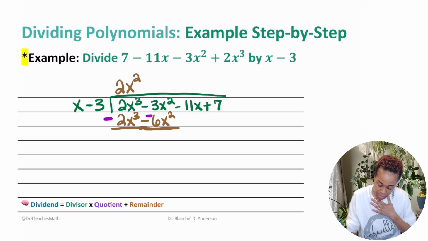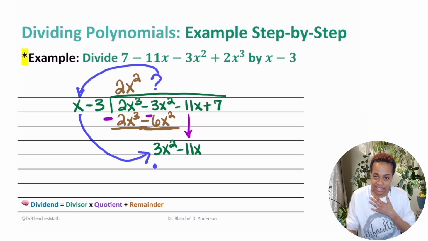Now we're here. We subtracted this and ended up with a positive 3x squared, right? So far, so good. And then we brought down our minus 11x. Now, what times x gives me 3x squared? 3x. Not 3x squared, y'all. 3x.